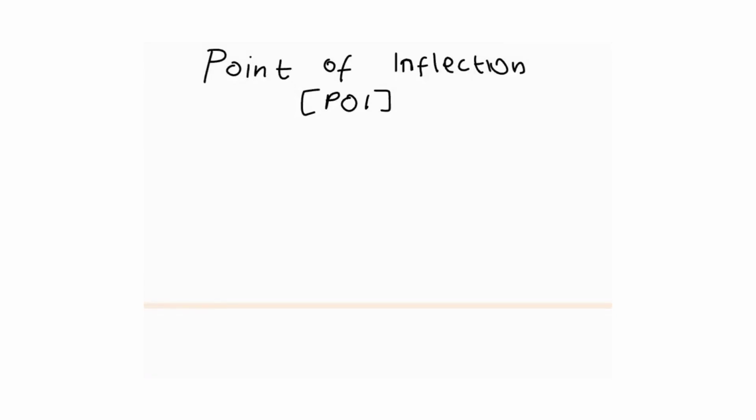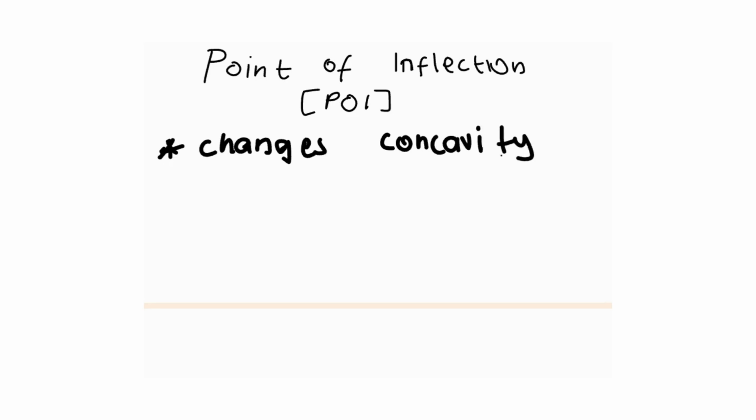Okay, so now that we have seen how we can sketch the graph, I had mentioned earlier that we will come back to the point of inflection. When we describe a point of inflection, we say this is the point where the graph changes concavity. So a cubic graph changes concavity. We have seen that a cubic graph has 2 stationary points or 2 turning points.